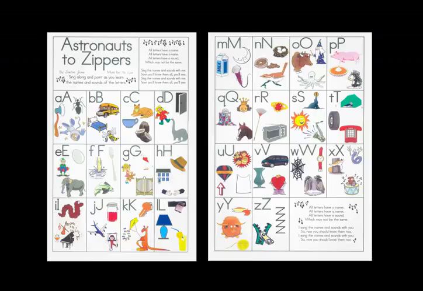H says h, hat, house and helping hand. I says i, inch, worm and instruments. J says j, jar, jet and jumping jack. K says k, key, kite and kangaroo. L says l, lock, lamp and lemonade. M says m, moon, milk and microphone. N says n, nest, nut and nightingale. O says o, Oz, ox and ox.